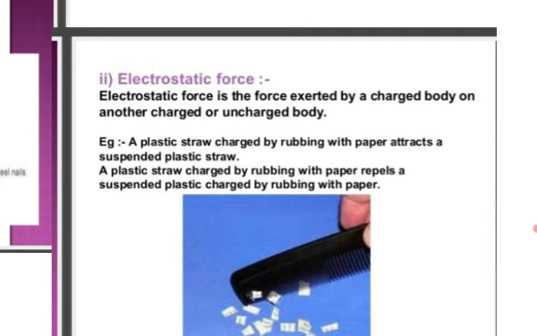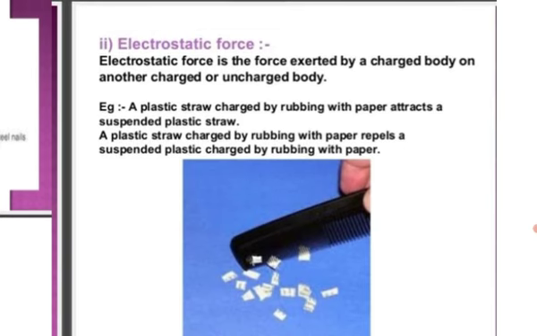Both objects can be charged with the same charge or different charges. In this way, they will create attraction and repulsion between each other. Here you can see an example: a plastic straw charged by rubbing with paper attracts a suspended plastic straw.